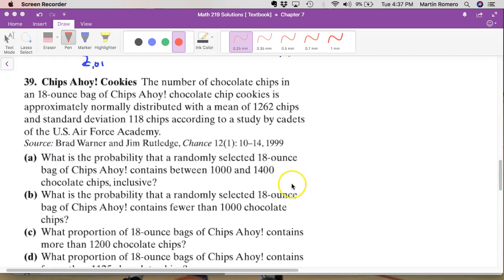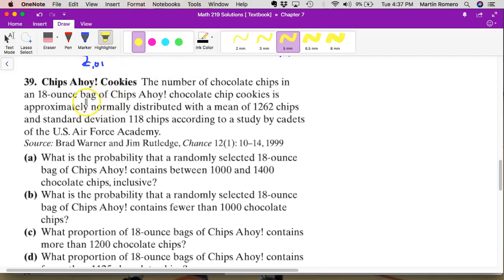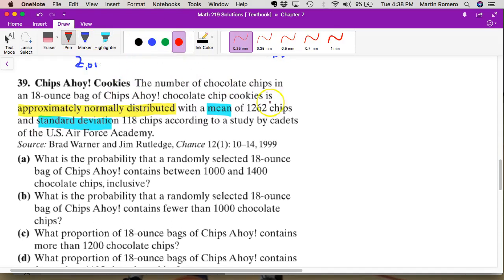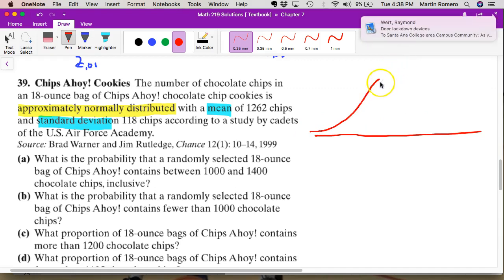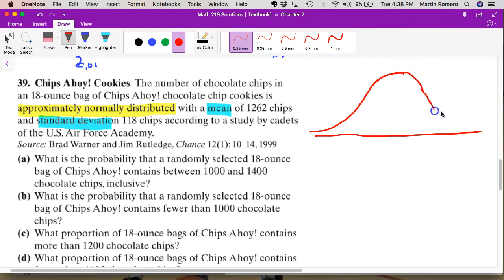And so what does this mean? Again, some key language in this problem. It's normally distributed, right? So we don't know what the data is, but they give us enough information in the mean and standard deviation so that we can go ahead and draw a representation of that. I don't need to know what the data is. I just need to know what the mean and the standard deviation is. And so here's the distribution.